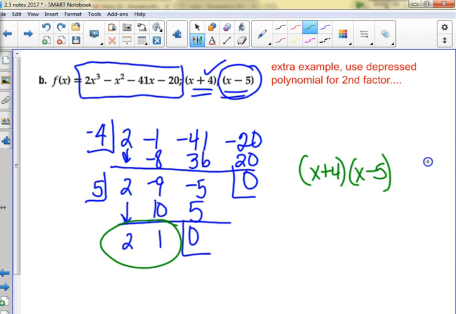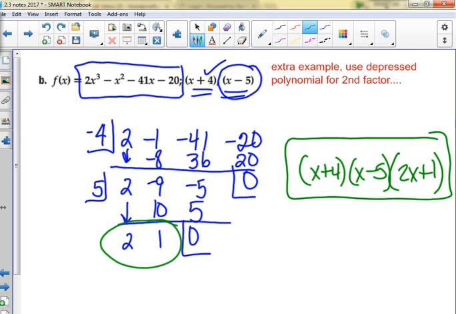Yes, this is the third factor. Now, does this make sense at all? If we multiply all three of those things, we'd be back to this. We found the completely factored form, okay? So this is called successive division, meaning you don't go back and use the original, you keep going.